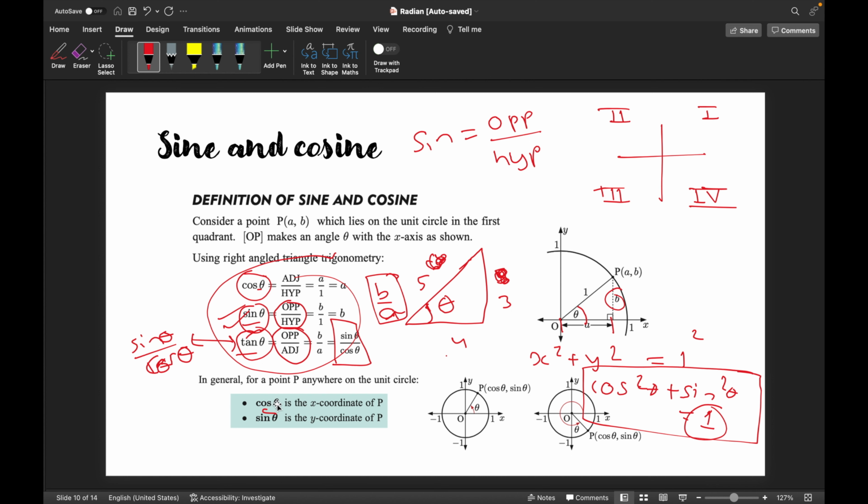So because of this, we know that this is indeed true. This is because the point on a circle, the circumference with respect to the origin, would be P. The point P would be cos theta, comma sine theta. And if you apply the Pythagoras theorem, you'll get x squared plus y squared equals 1 squared. And you could derive that cos squared theta plus sine squared theta is 1.